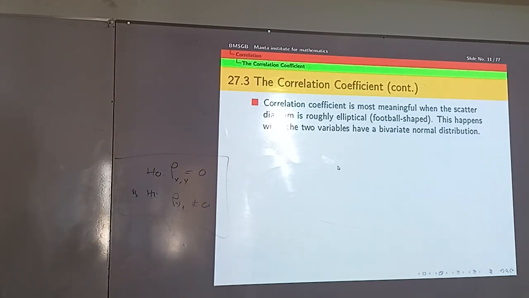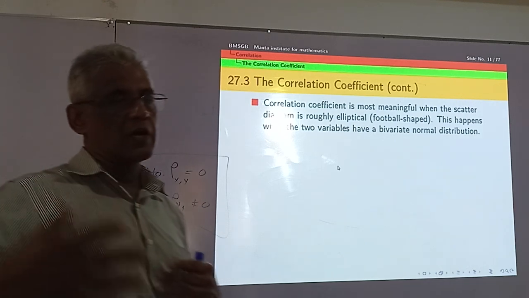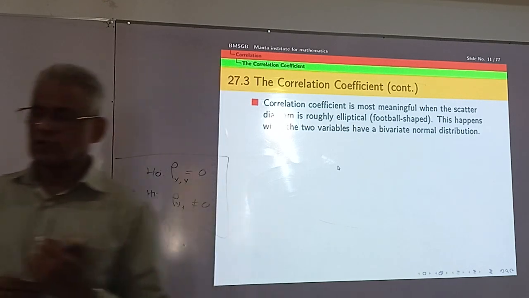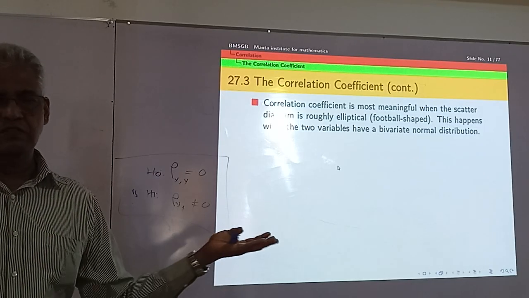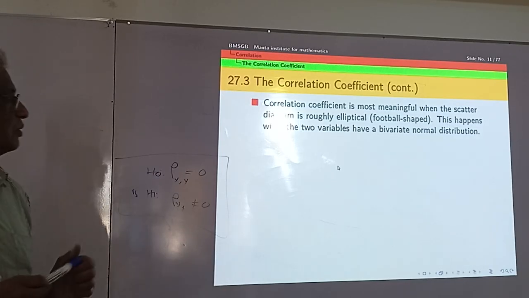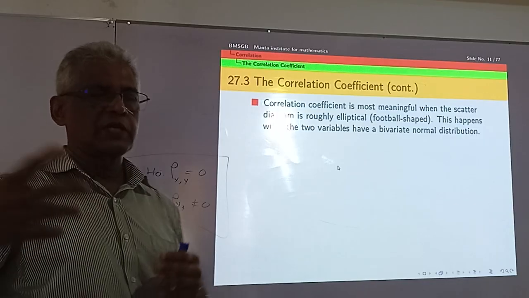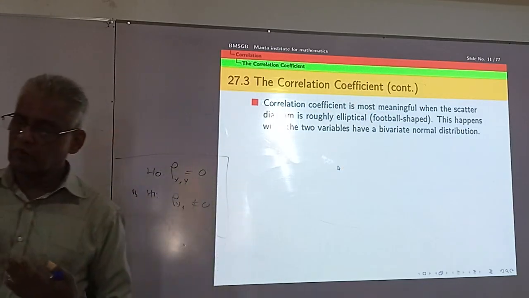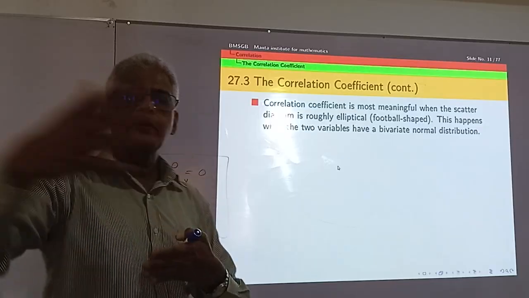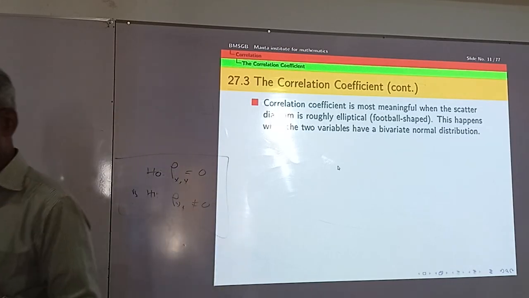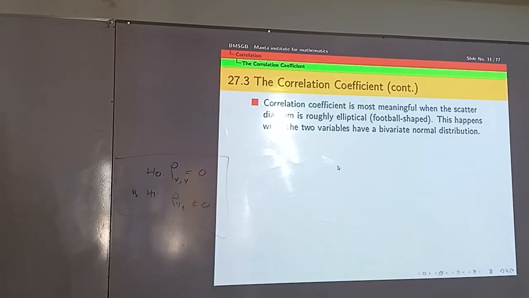Therefore, generally it is better if, when you plot the sample, it also looks like a football shape. Of course, if you have a very small number of observations, you cannot see that. You will not see the football shape in the sample even if the data came from a football-shaped population.